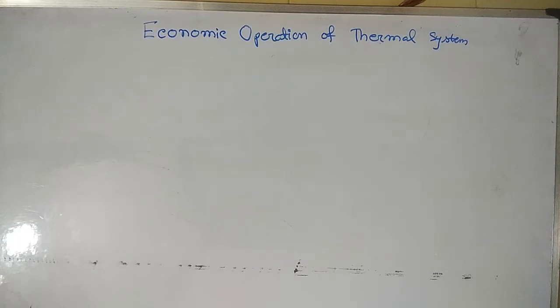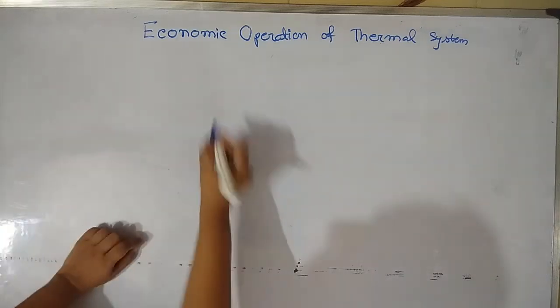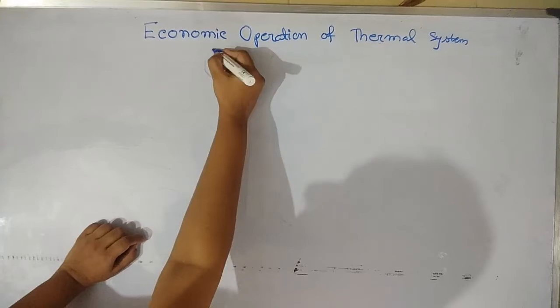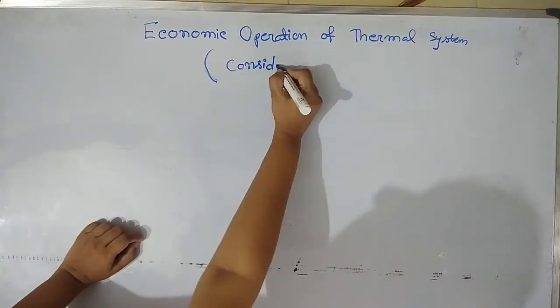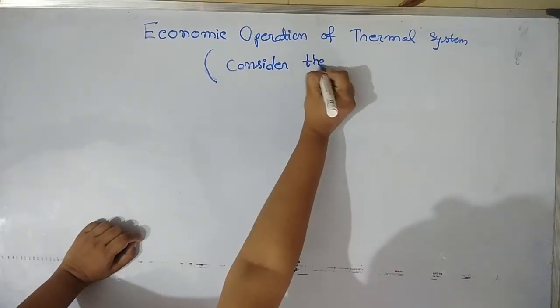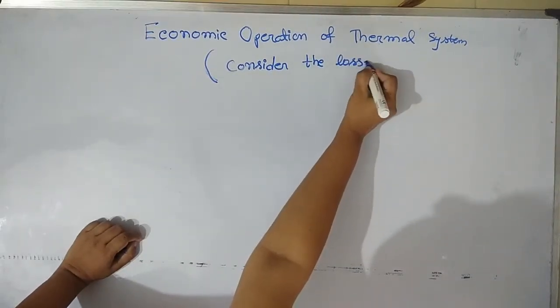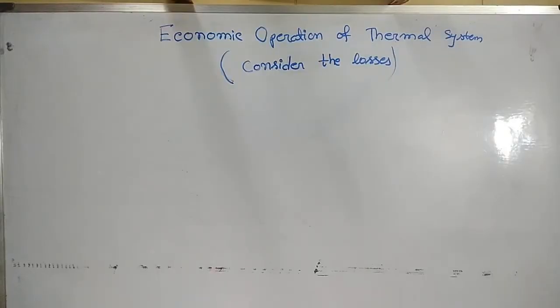In the previous derivation we neglected the transmission losses, but in this case we consider the transmission losses. However, it is unrealistic to neglect transmission losses, particularly when long distance transmission of power is involved.